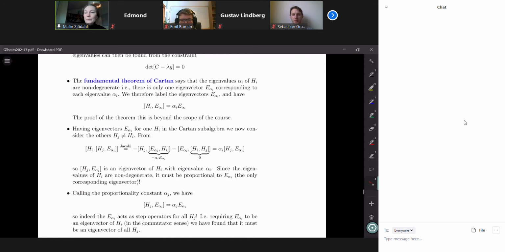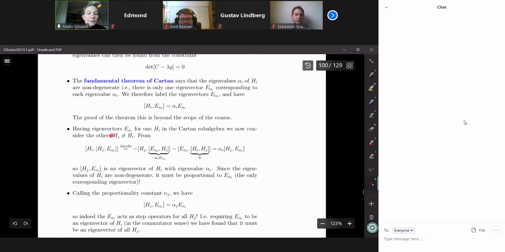Okay, so now we assume that we have an eigenvalue alpha_I of H_I, eigenvalue and eigenvector in this commutator sense. And we want to consider some other H_J, some other element in the Cartan subalgebra, which is not equal to H_I.